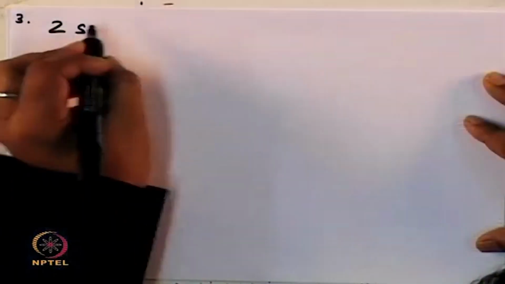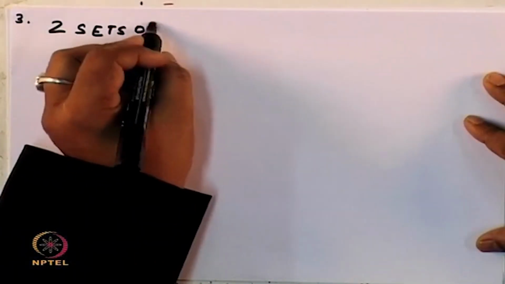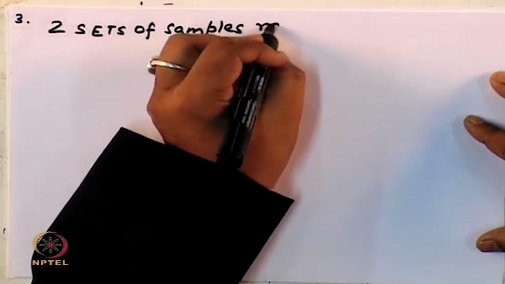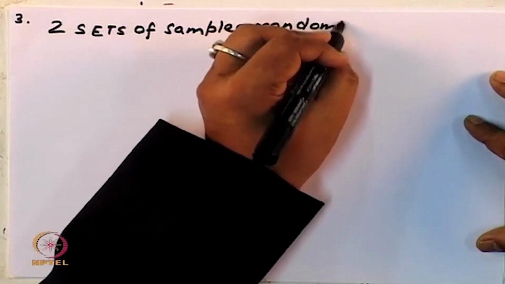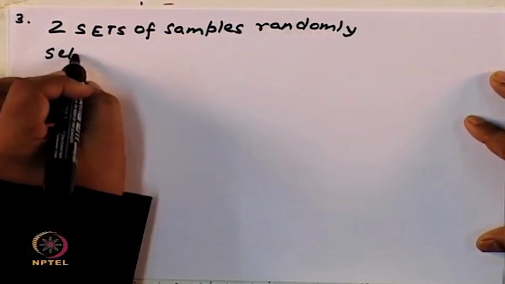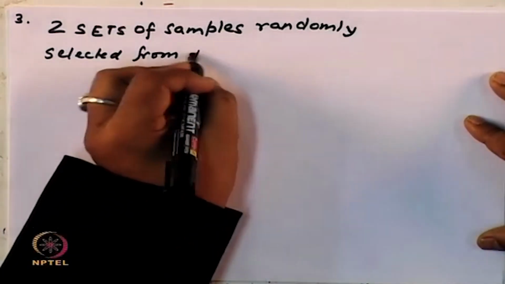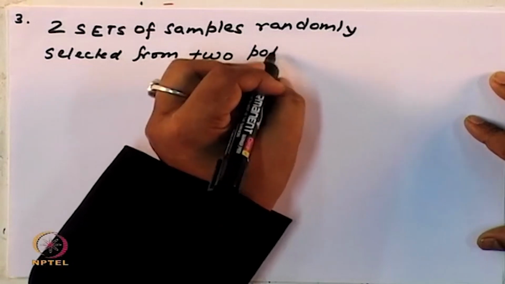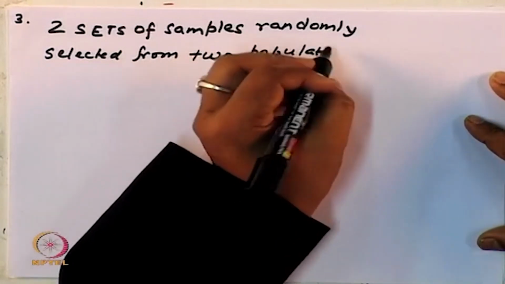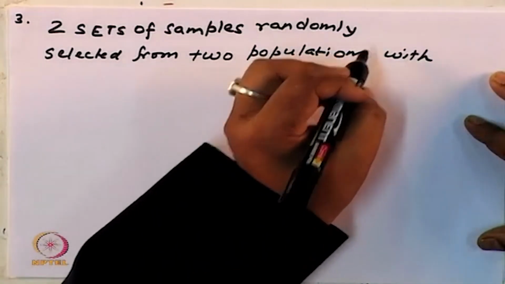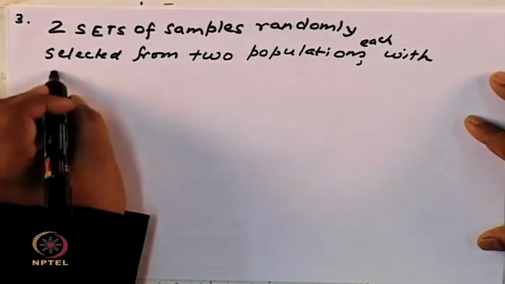Imagine you have two sets of samples randomly selected from two populations, each with identical means.